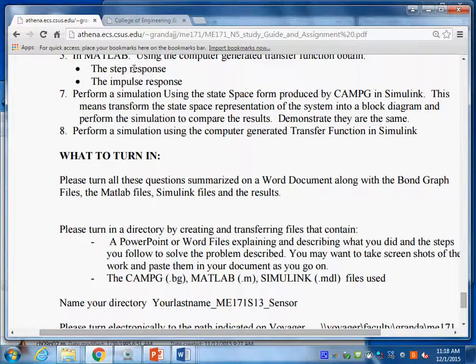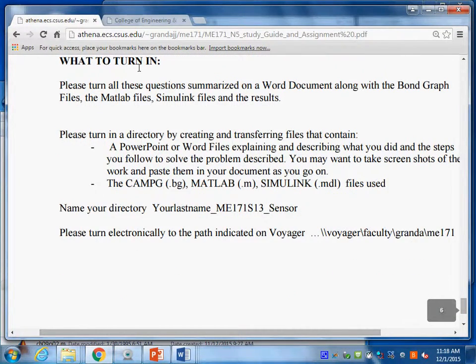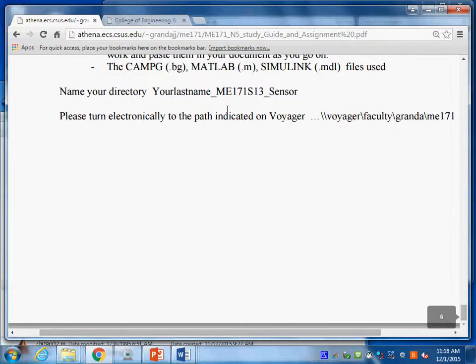What you will be pleased about is that the computer does this automatically. So all you have to do is put in the right system, and CAMG and MATLAB will do the rest. Okay, this is what to turn in as usual.